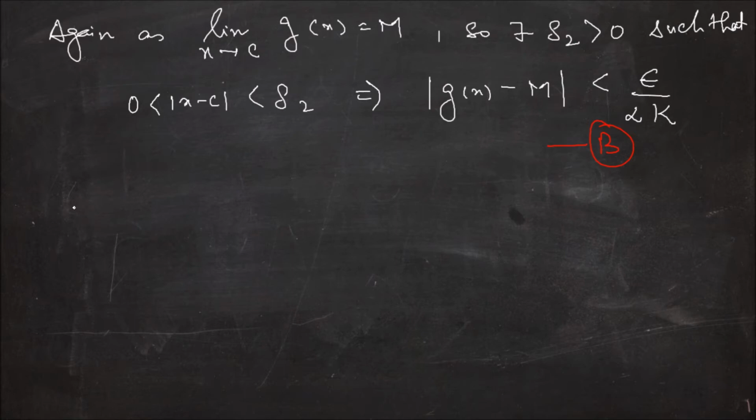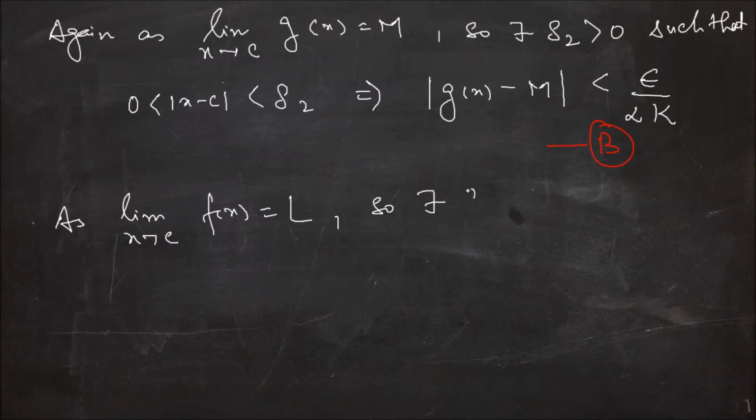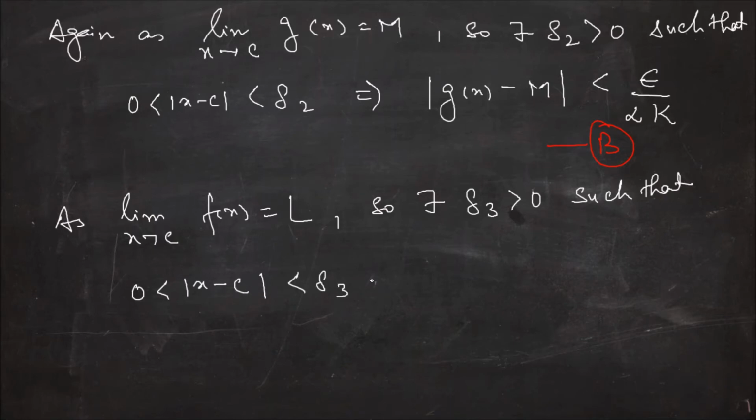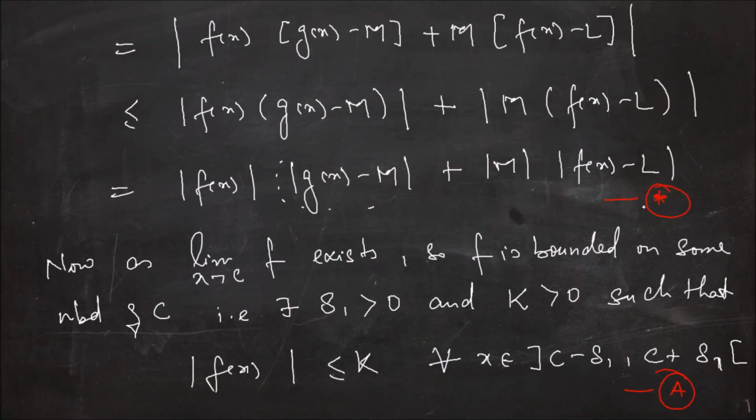Now as limit x tends to c, fx is equal to L, so there exists delta 3 greater than 0 such that 0 less than mod x minus c less than delta 3 implies mod fx minus L is less than, now you can see here I want it to be less than epsilon by 2 mod m, so that this cancels out, but m may be 0 also.